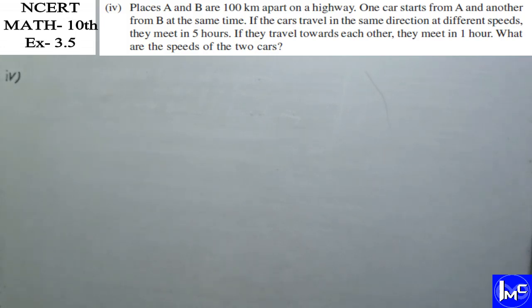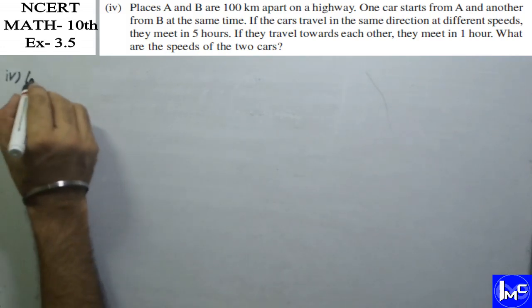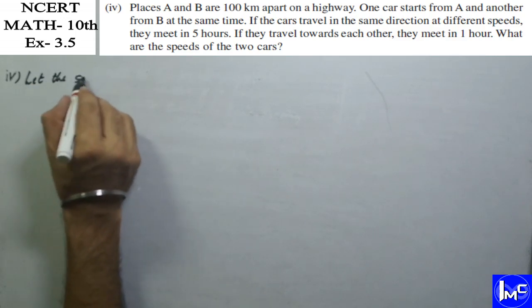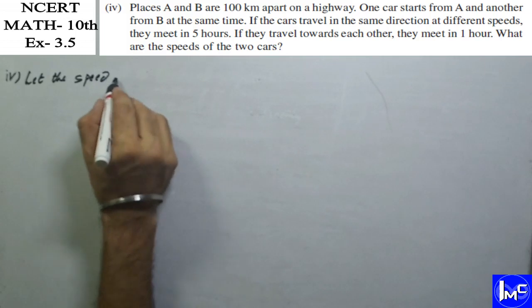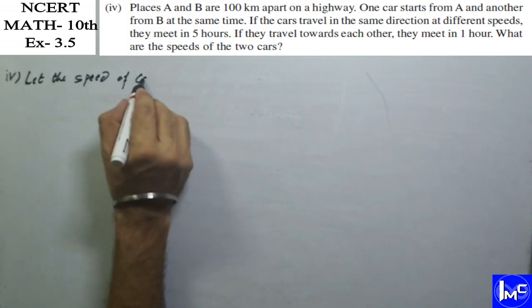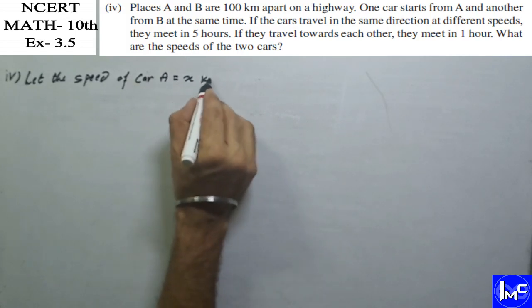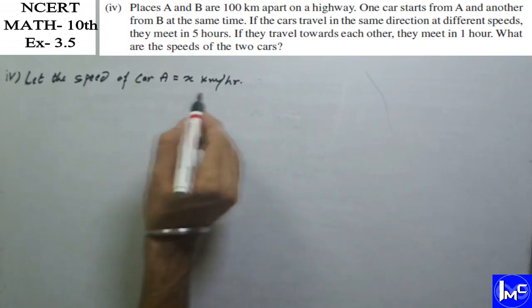Here we are asked to find the speeds of the two cars, and we will suppose these speeds as x and y. Let the speed of car A be x kilometers per hour.